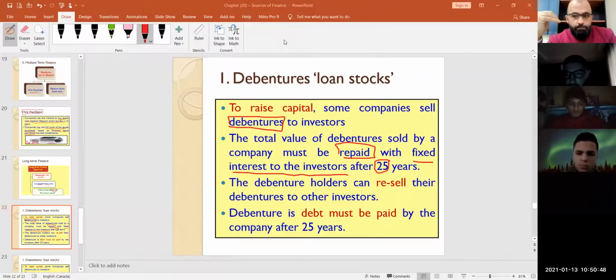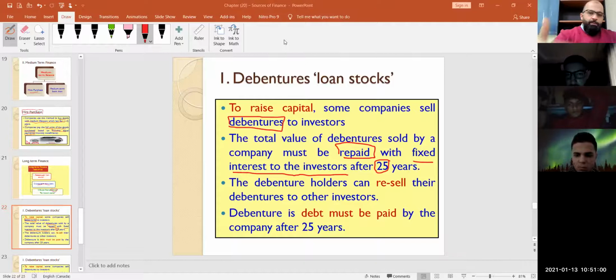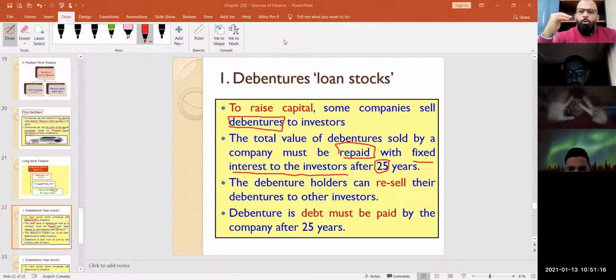Now the document proves that Ziad or Izzuddin or Ahmed Tariq gave me money, and the company Walt Disney must repay the money after 25 years. After how many years? After 25 years. Okay. So the company is going to pay you the capital that you invested plus interest.